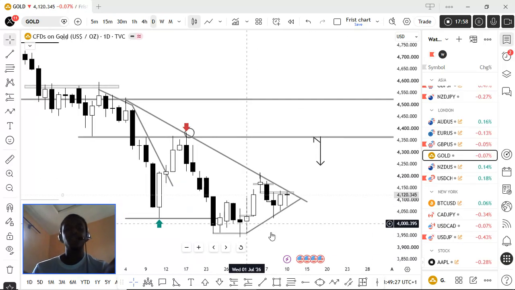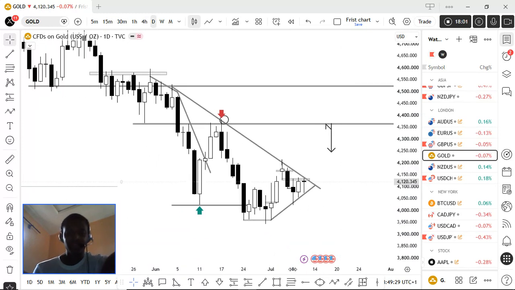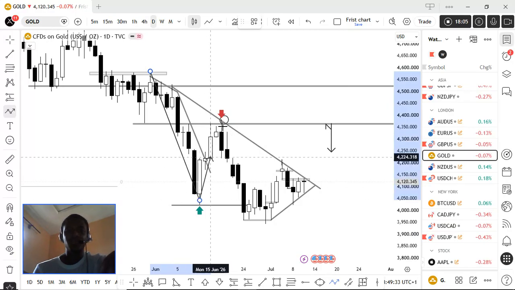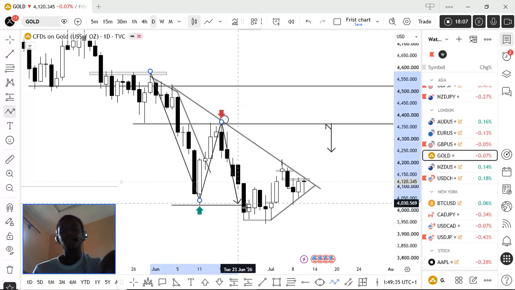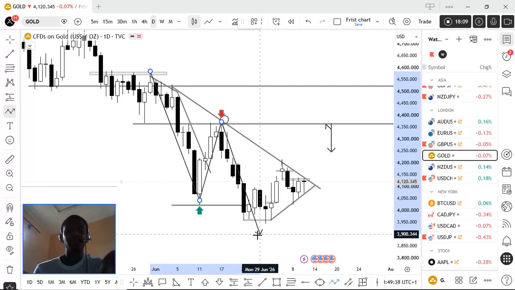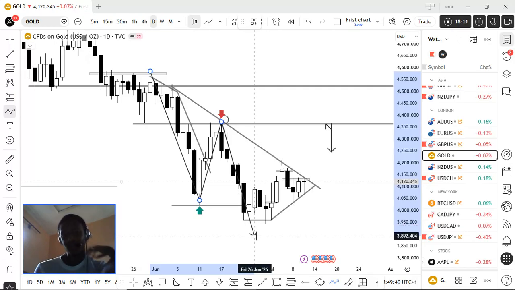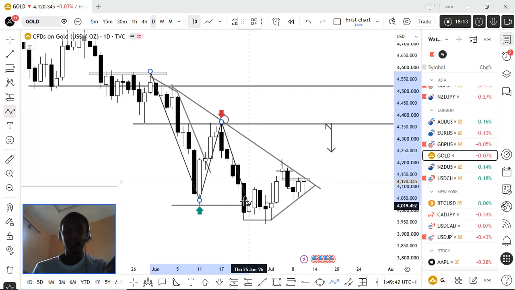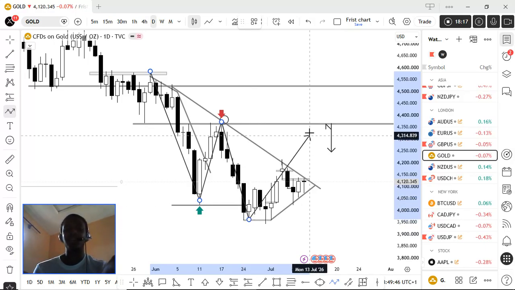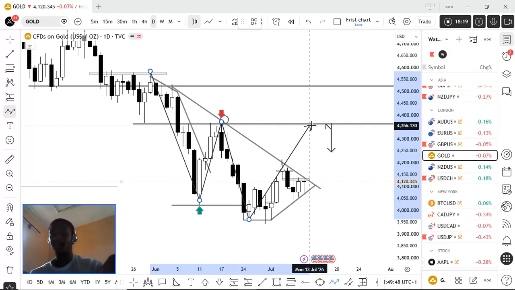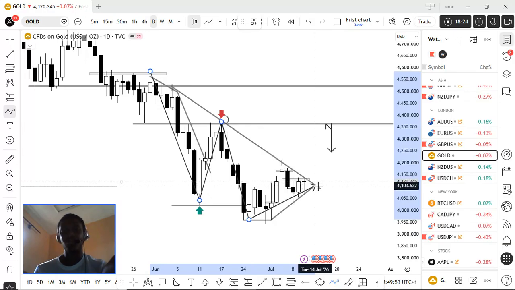Okay, on the daily time frame, you see that gold has been bearish, creating a lower high and lower low. This lower low is not strong enough. This is not a good impulsive move to the downside. The market just broke the lower low, and that's what I was explaining. So the market is likely going back to the lower high to sell, but this trend line is what is holding it now.